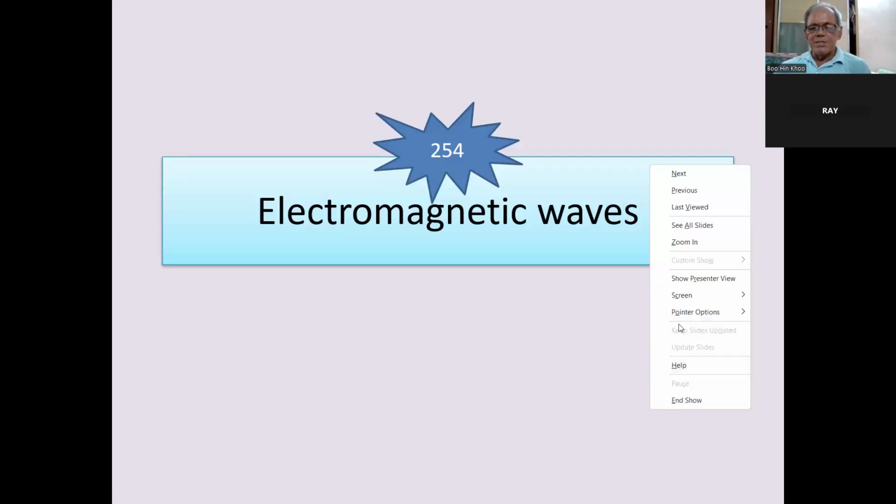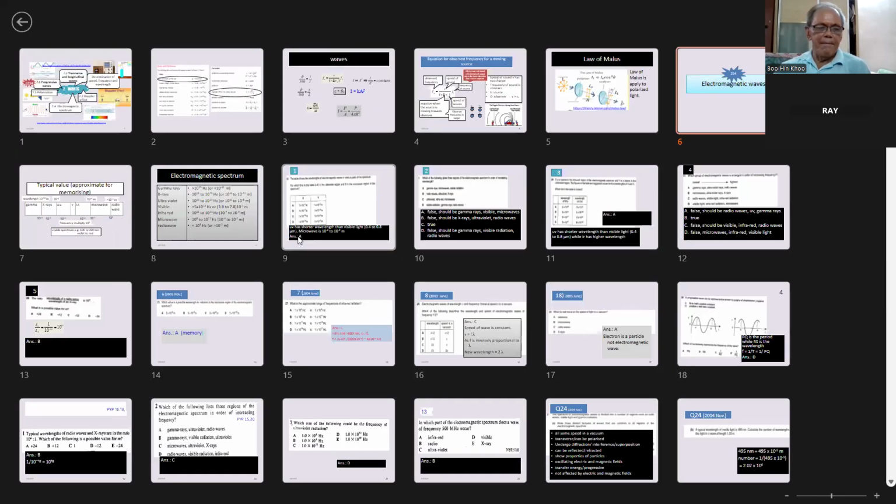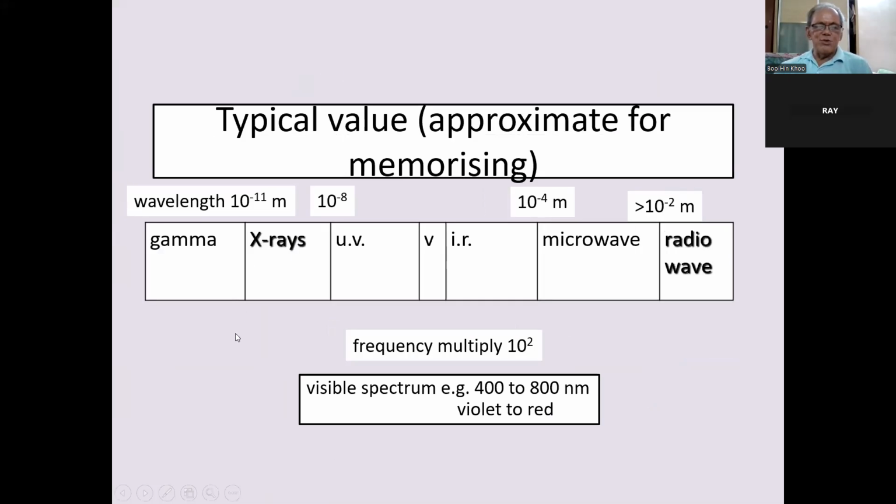Okay, page 254. You have to choose whether you memorize in terms of wavelength or you prefer to memorize in terms of frequency.